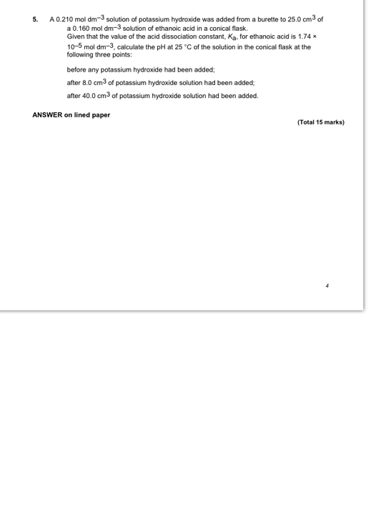Given that the value of the acid dissociation constant Ka for ethanoic acid is 1.74 times 10 to the minus 5 moles per decimetre cubed, calculate the pH at 25 degrees C of the solution in the conical flask at 3 following points: before any potassium hydroxide is added, after 8 centimetres cubed of potassium hydroxide solution has been added, after 40 centimetres cubed of potassium hydroxide has been added. Okay, so let's break this one down into A, B, C.